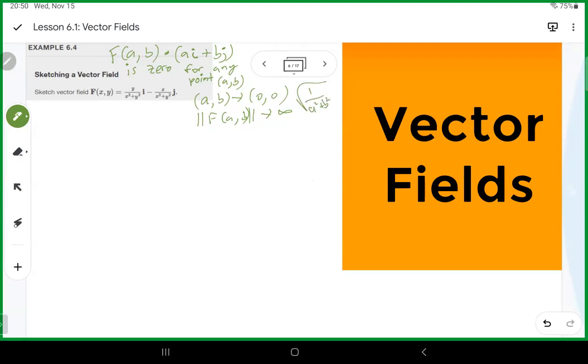That's what it works out to be. Okay, so that's 1. Since 1 over a squared plus b squared approaches infinity as (a, b) approaches (0, 0), then the magnitude of the vector field approaches infinity as (a, b) approaches (0, 0). So that's just explaining how that worked out.